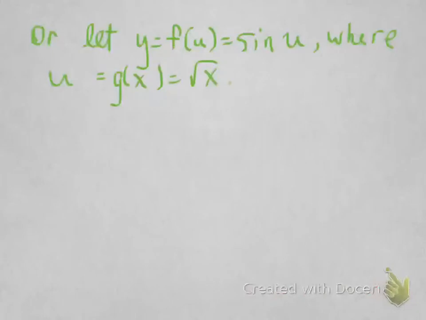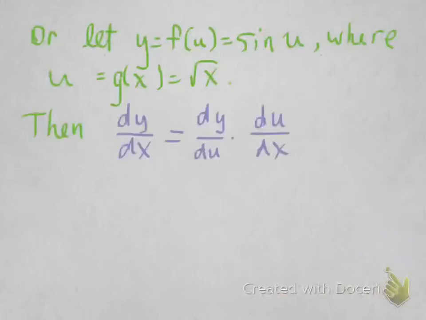Or if we wanted to use the alternative version of the chain rule, we could let y equal f of u, which is sine u, where u equals g of x, the square root of x. In this version, remember we have dy dx is dy du times du dx.